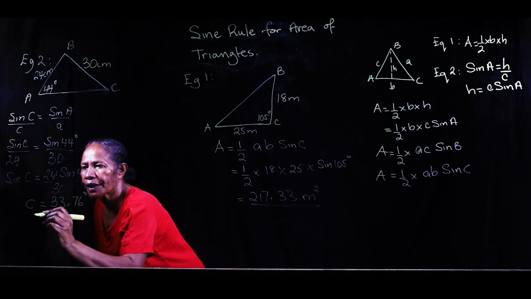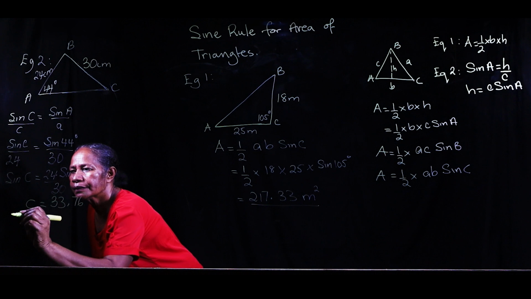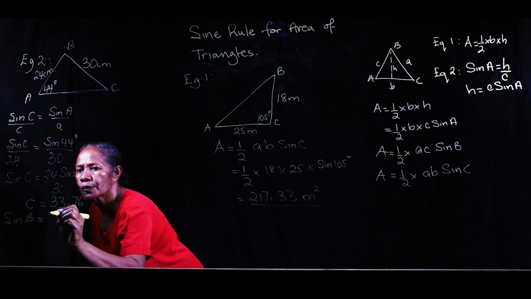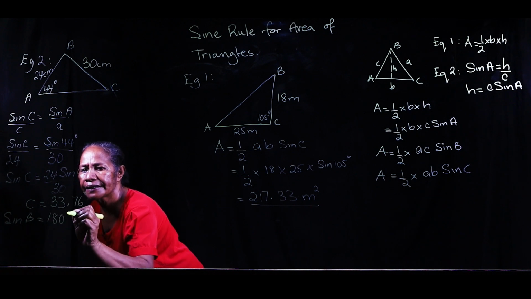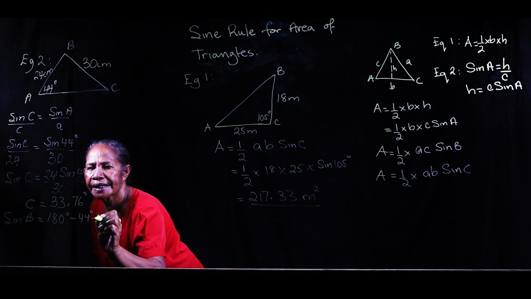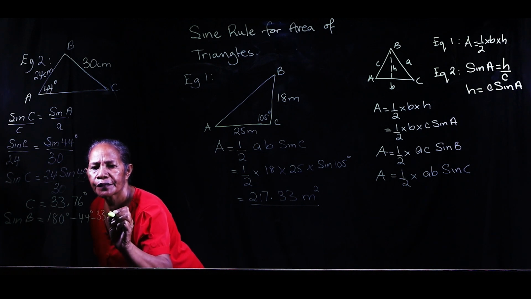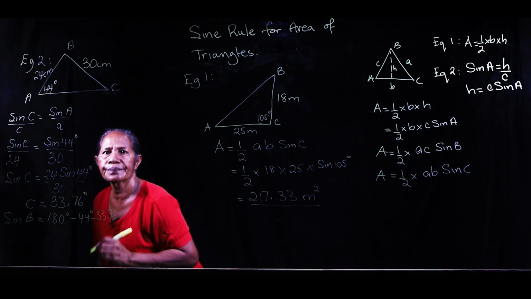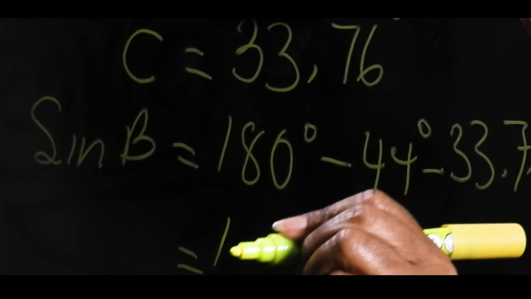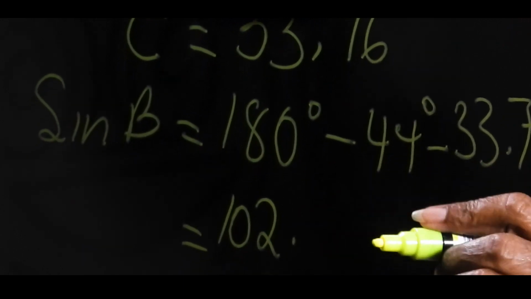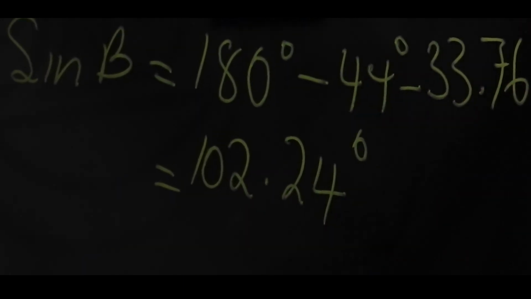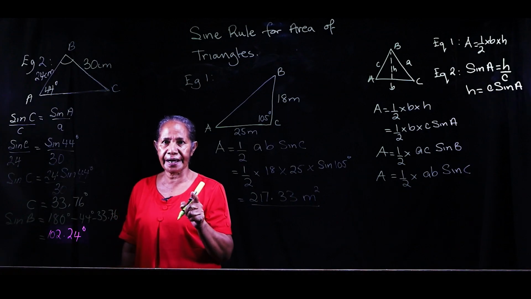Then angle B is equal to 180 degrees minus 44 degrees minus 33.76, and that should give us 102.24 degrees.